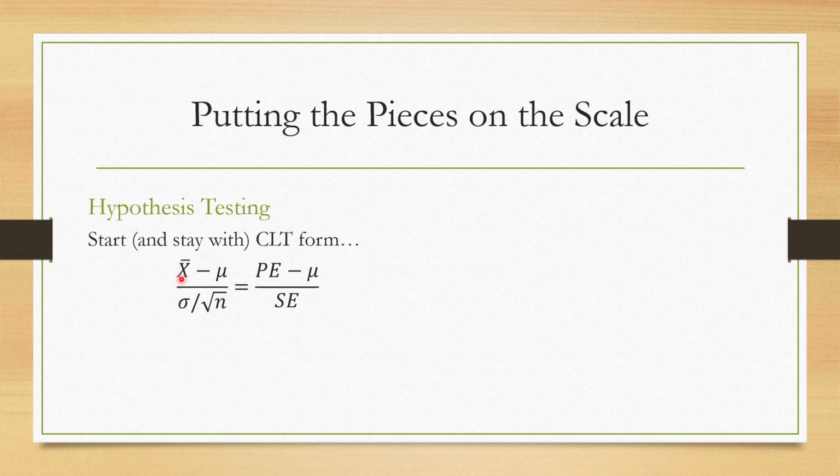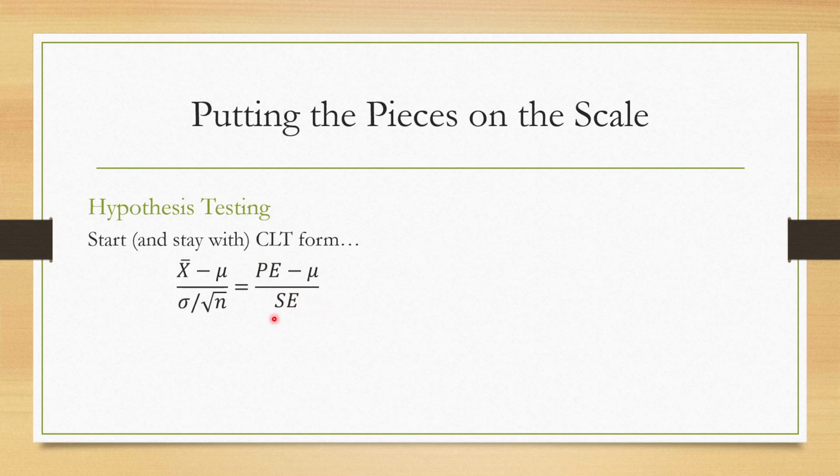Now this value is our point estimate, x bar, minus the hypothesized population mean, mu, which we'll talk about in a moment, divided by all of this stuff on the bottom, which turns out to be the standard error. Recall this was sigma sub x bar, the standard deviation of the sampling distribution, and that is our standard error. So standard error equals sigma divided by the square root of n.